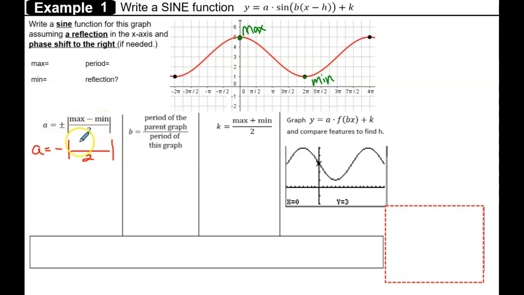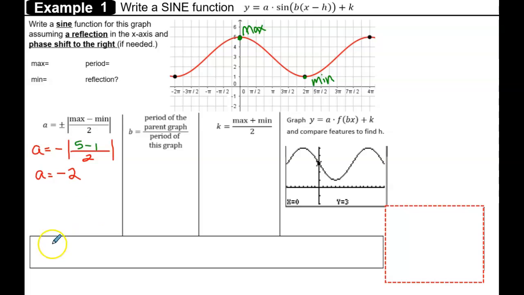So max minus min would be 5 minus 1, which is 4. And so a is equal to negative, and then 4 divided by 2 in absolute value is 2.